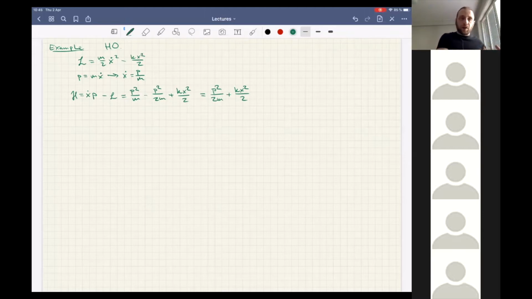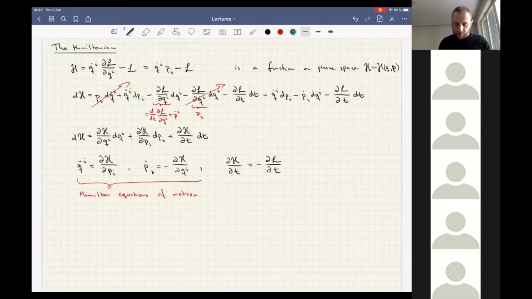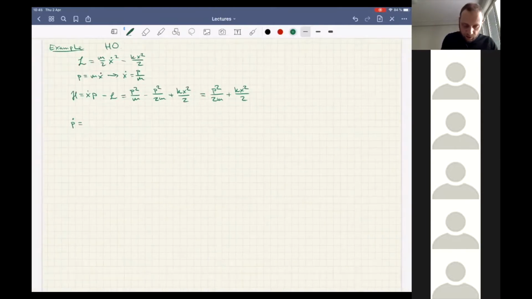If I want to find the equations of motion, I use the Hamilton equations of motion. So what I know is that p dot, if I go back here, should be the negative of the derivative of the Hamiltonian with respect to the coordinate x. So I should have minus ∂H/∂x, and if I do that derivative, I get minus kx. And similarly for x dot, this should be ∂H/∂p.